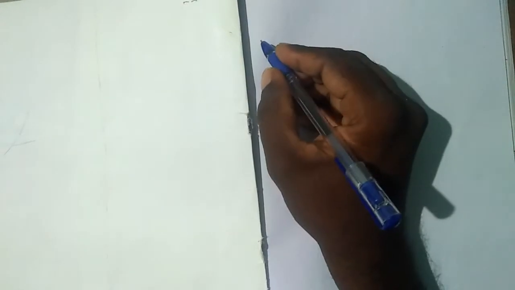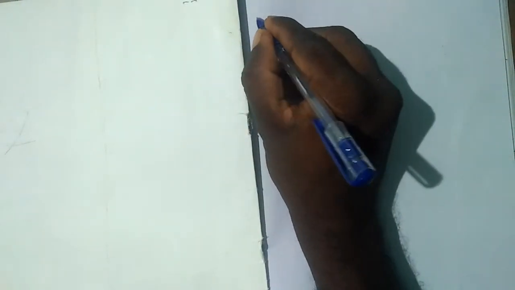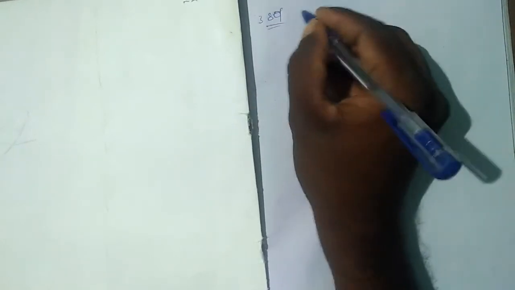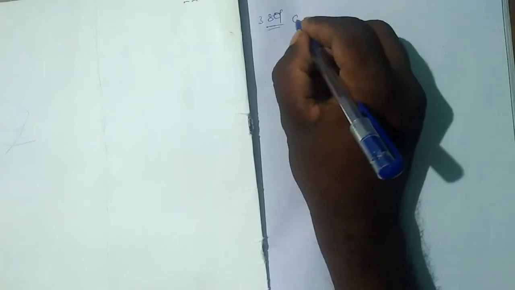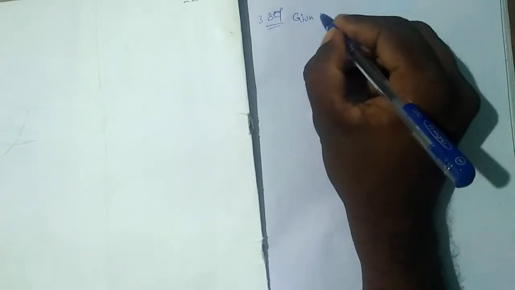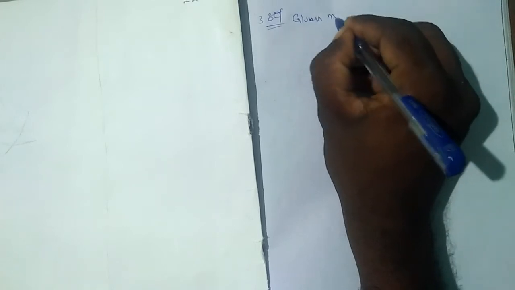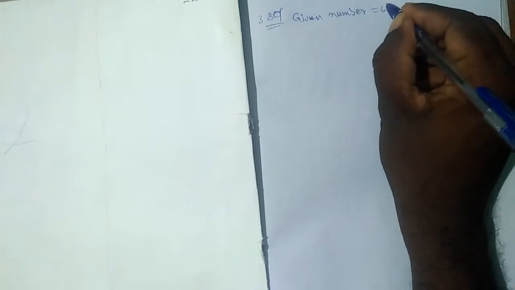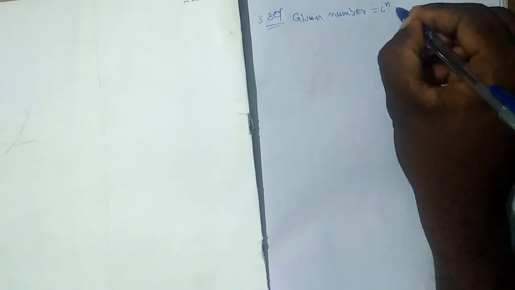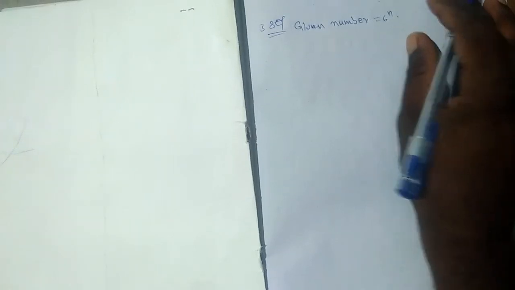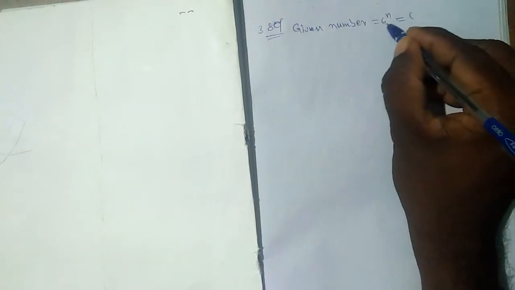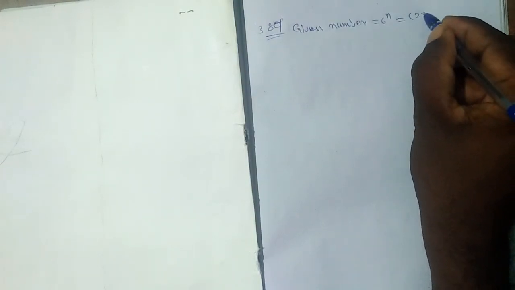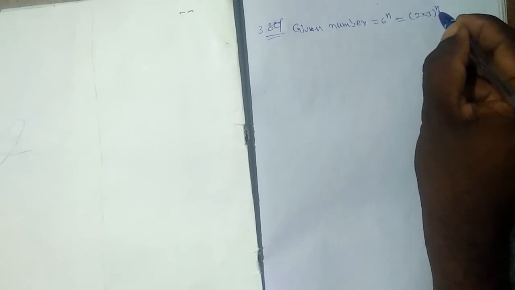Third solution. Given number is equal to 6 to the power of n. 6 to the power of n is equal to, we can write 6 factors as 2 times 3, so (2 times 3) to the power of n.